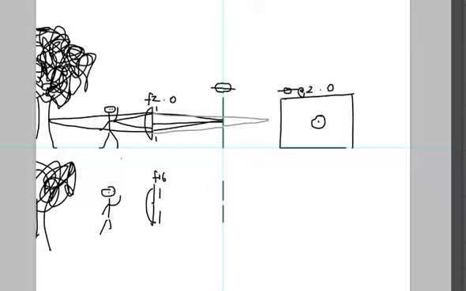Drawn very, very quickly. Rays of light are coming off of this person, and they're hitting the front element of our lens. But this time, it's at a smaller aperture. And so for the person, well, it's going to come into focus at exactly the same point, and that is going to appear as sharp. But the difference is going to be at the tree.